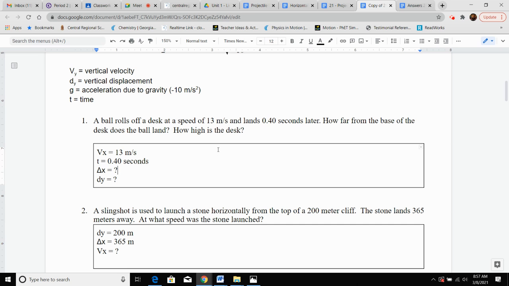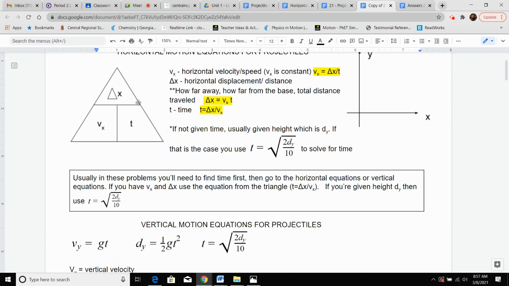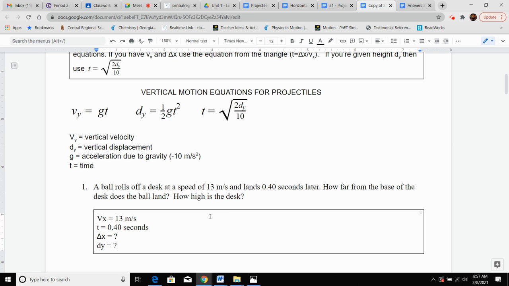delta x, I'm going to solve for that first. So I'm just going to go next to Vx, I'm going to space it out a little bit. And then I'm going to scoot up here, and I'm going to copy this equation. So you highlight this, Control C, then scoot down, Control V, and then underneath it, we're just going to do our math for it.